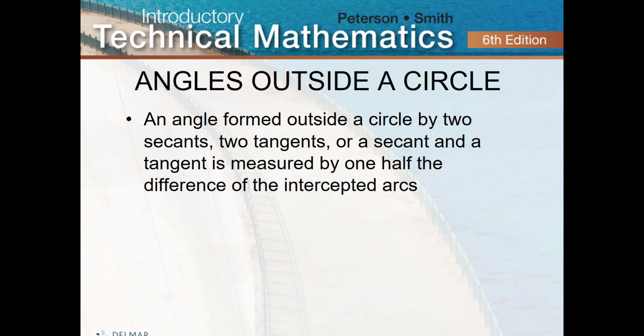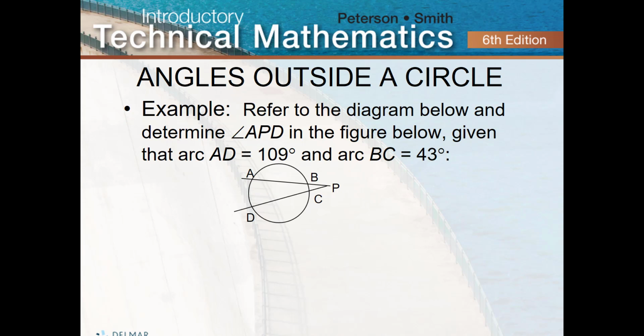Now, if we look at this, all right, AD is 109, BC is 43. So now it's 109 minus 43 degrees. Put parentheses around that, divide that by 2.